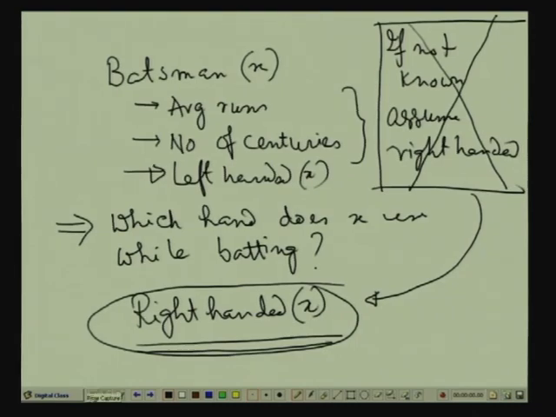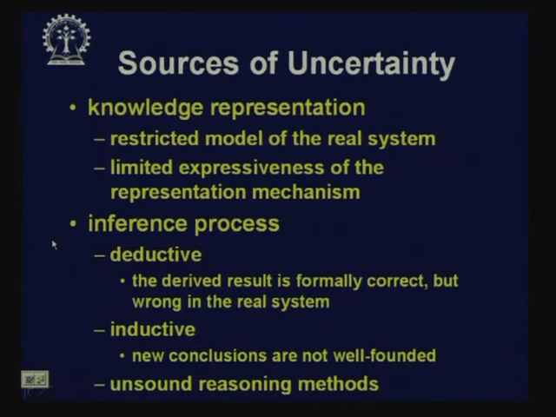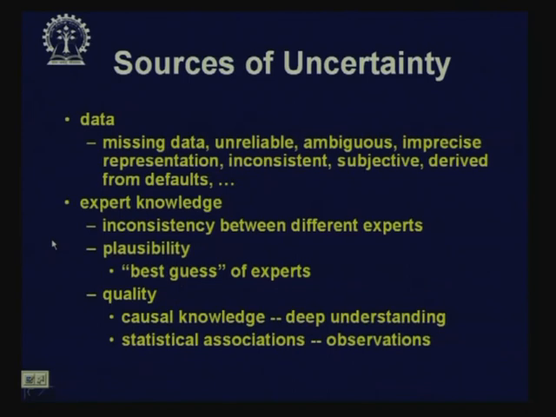This is what is known as default reasoning. So whenever we take some conclusion that is based on default reasoning, obviously there is some amount of uncertainty mixed in that.